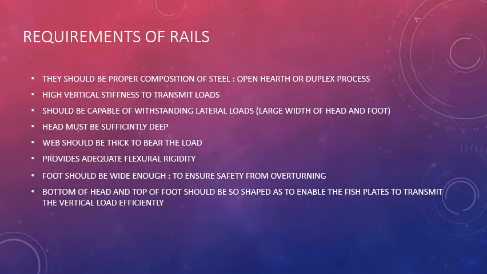And bottom of the head and top of foot should be so shaped as to enable the fish plates to transmit the vertical load efficiently. So these all are the points that should be kept in mind while selecting an I section as a rail track.